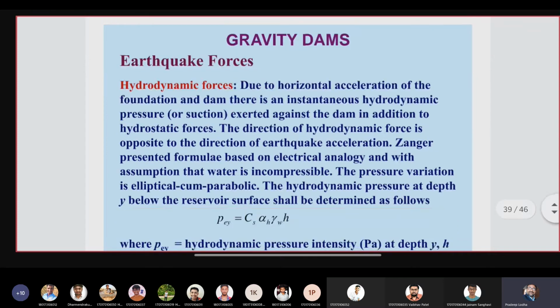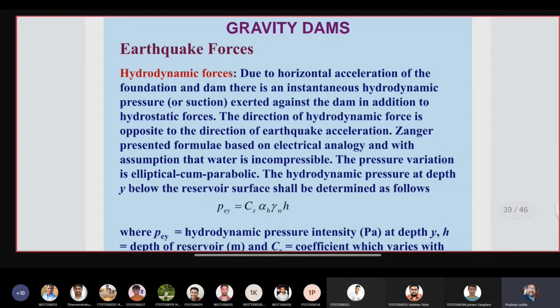Now the hydro part. I mentioned earlier that there is also a hydrodynamic horizontal force acting onto the dam section because of the earthquake waves. This is how we use Zanger's formula. You might have used Zanger's formula earlier in other applications of civil engineering, but here we are using it for the hydrodynamic forces on the gravity dam.